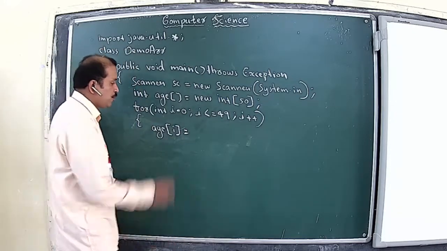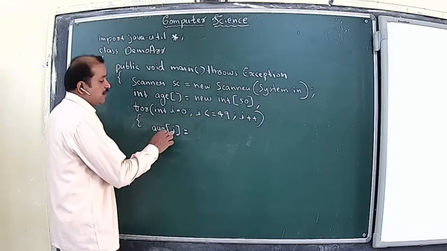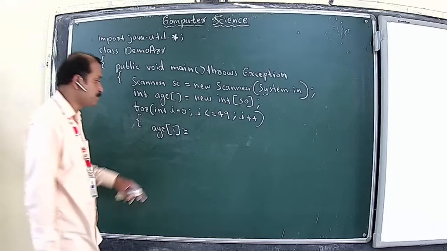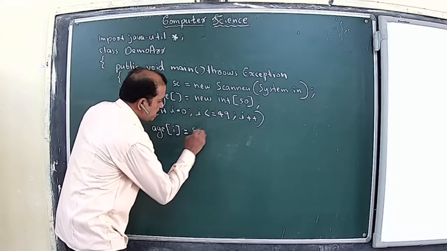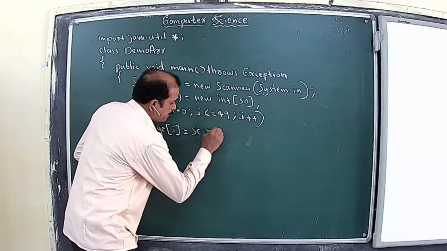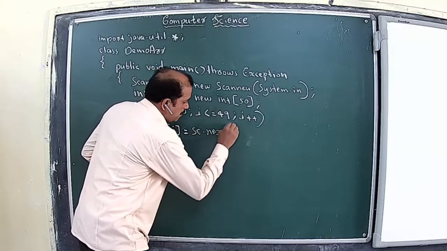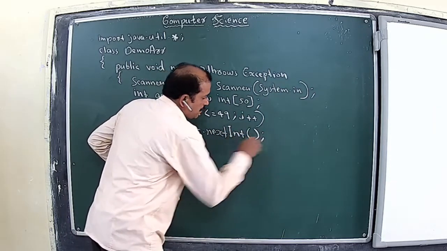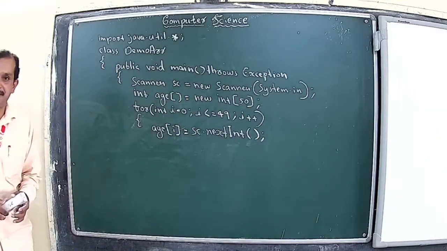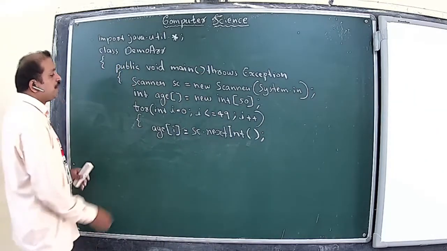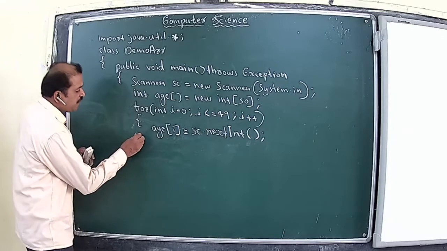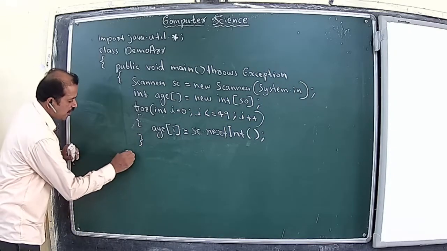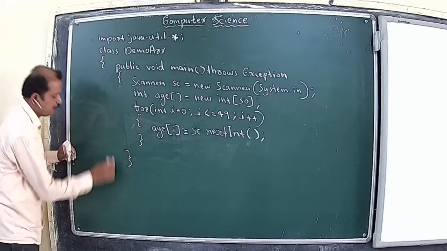So the loop control variable is used instead of using the subscript directly. age of i equal to s dot nextInt. So each value, all the 50 elements of this array, will be initialized using this program.